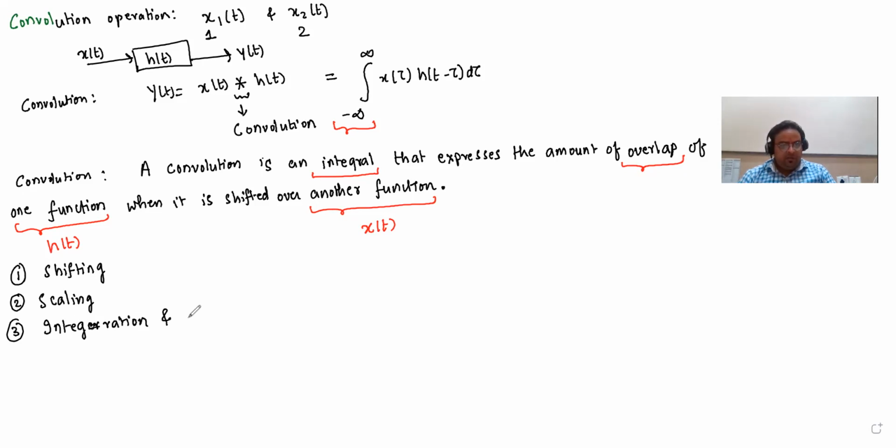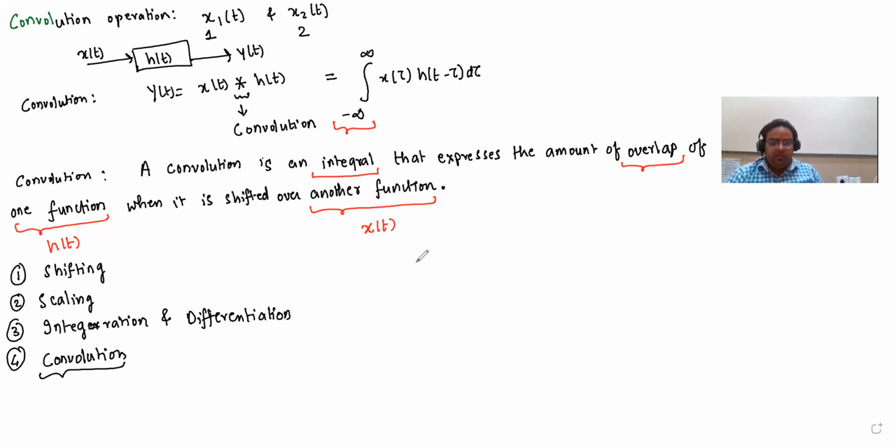I have put integration and differentiation together, so now we have only 4 operations. The fourth operation is convolution. We'll see how this fourth operation, convolution, makes use of the earlier 3 operations that we have seen.